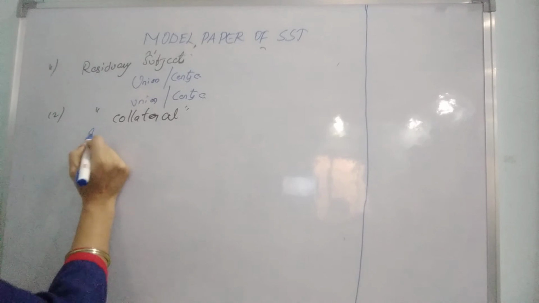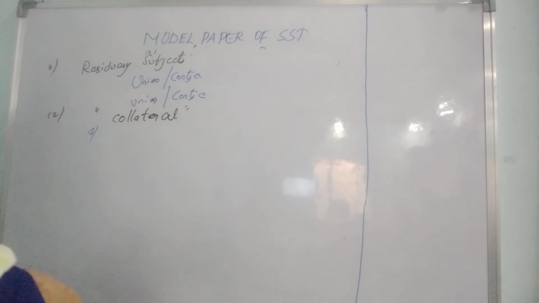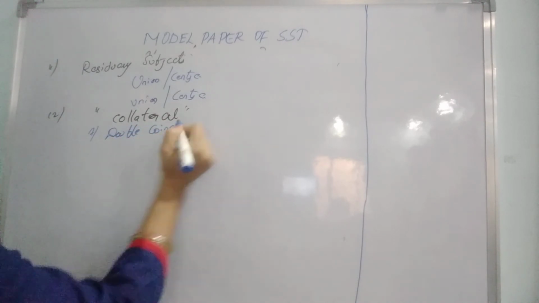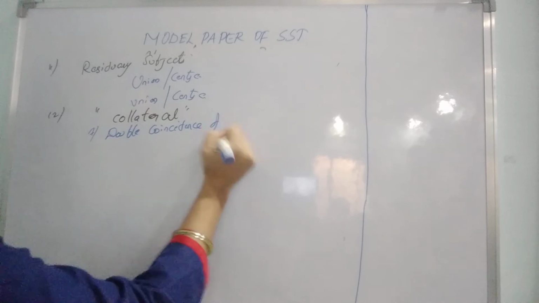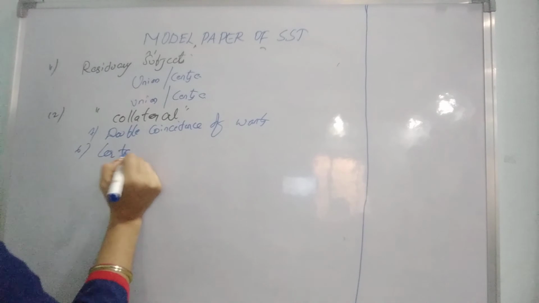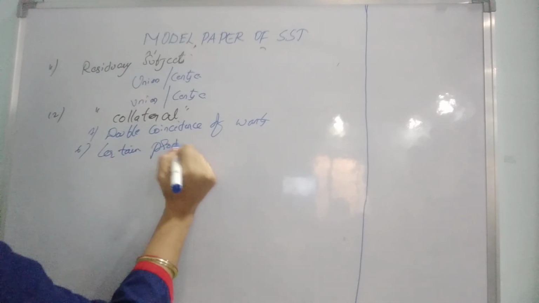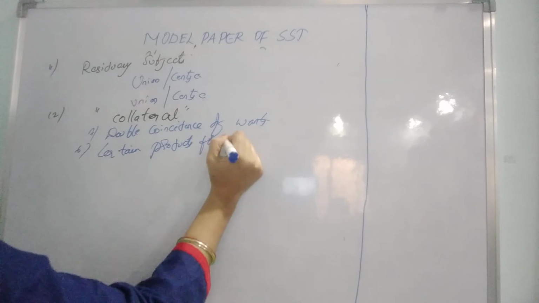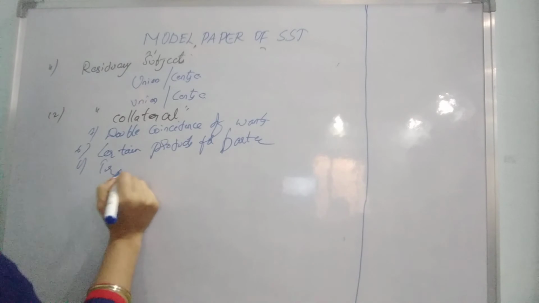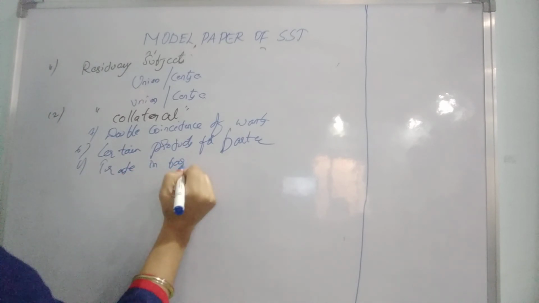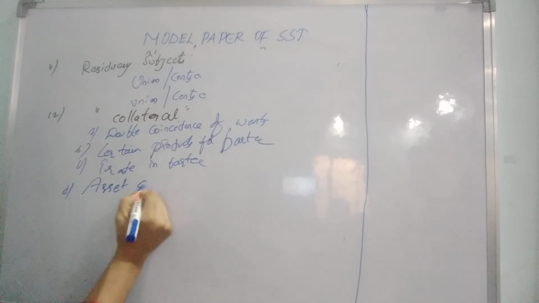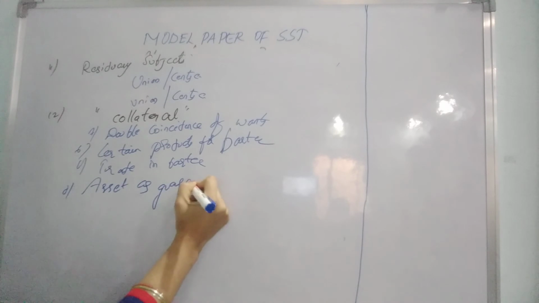Options are double coincidence of wants, certain products for barter and trade in barter, and last option is asset as guarantee for loan.